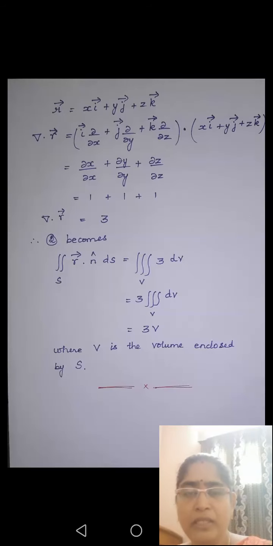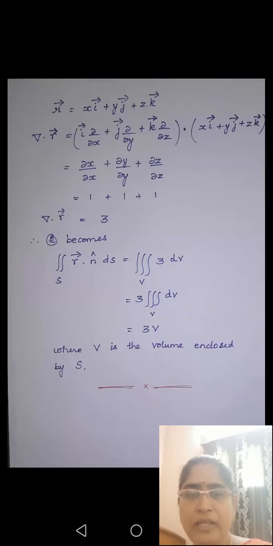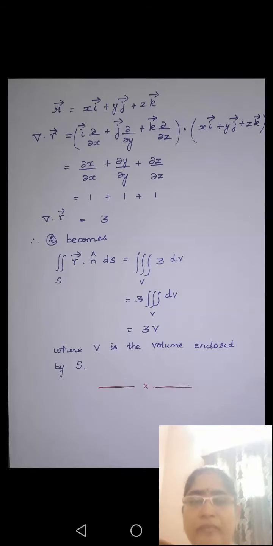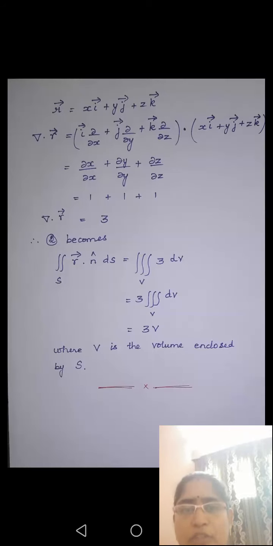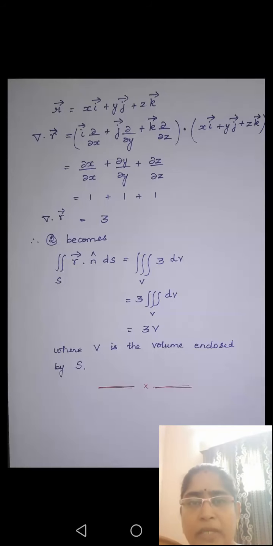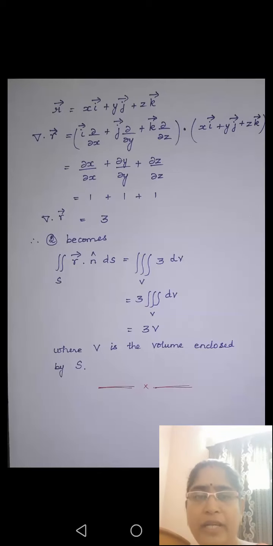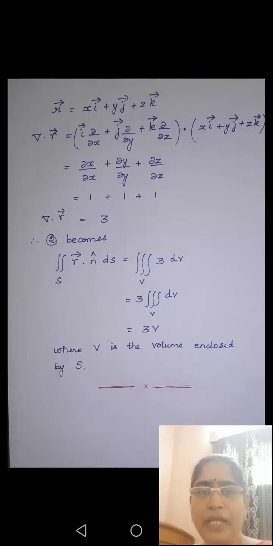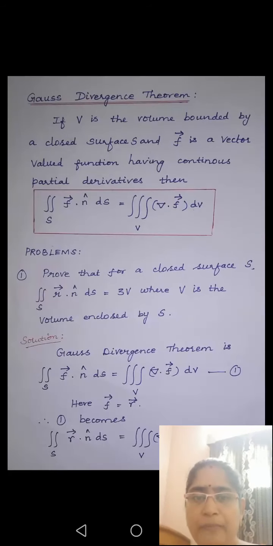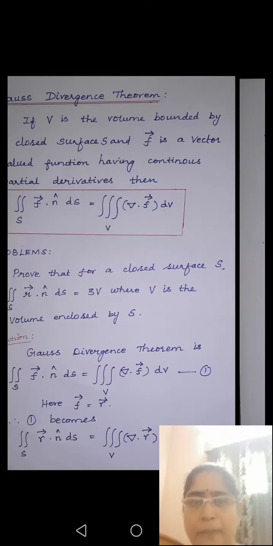The triple integral over V dv, that is equal to 3 into V, where V is the volume enclosed by S. Therefore, we have proved the value of double integral over S r vector dot n cap into ds is equal to 3V. Hence, we have proved the problem where V is the volume enclosed by S.